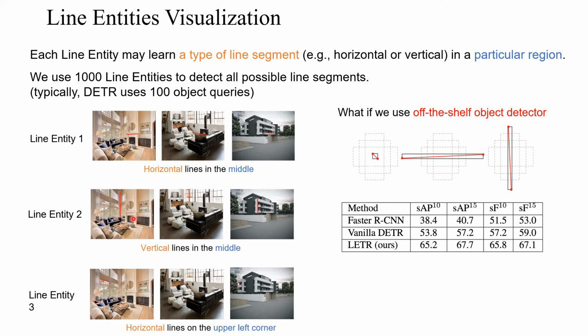Again, as I said, compared to standard approaches, if you blindly apply Faster R-CNN or DETR detectors, you won't get good results. If you apply vanilla object detection, because of this elongated structure, it doesn't work well.